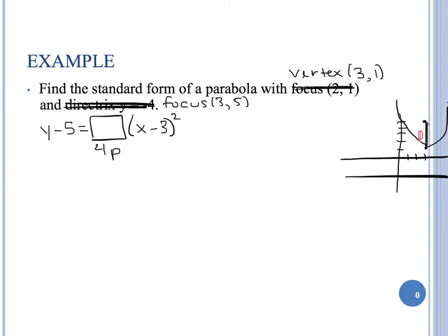I can also do the distance formula if I really felt like it, but my y values go between 5 and 1, so my p happens to be 4. So I'm going to take y minus 5 equals 4 times 4, times (x minus 3) squared.